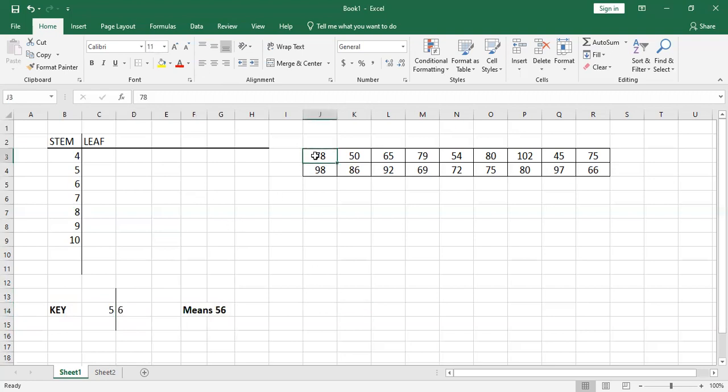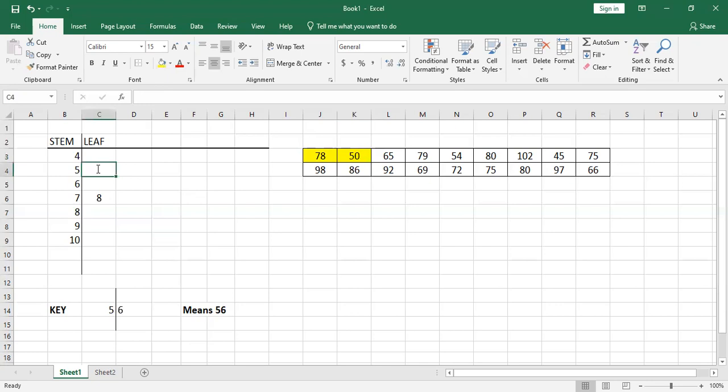So now my first number is 78. 78 is here. So I'll write the 8 here, meaning 7 and 8 give me 78. My second number is 50. 50 is under 5.